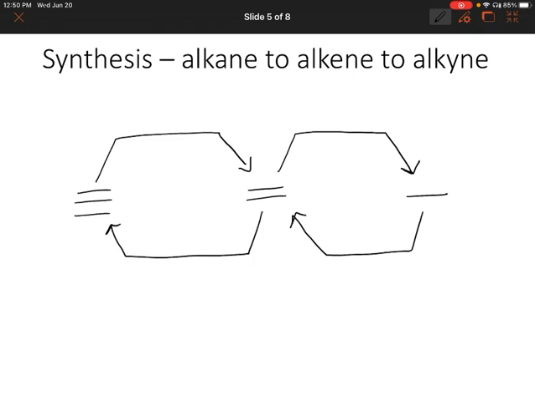So there's a few different reagents we could use depending on what type of double bond we want. So what if you want a cis alkene? Which reagents would we use? So we would use hydrogen and a poisoned catalyst, such as Lindlar's catalyst.